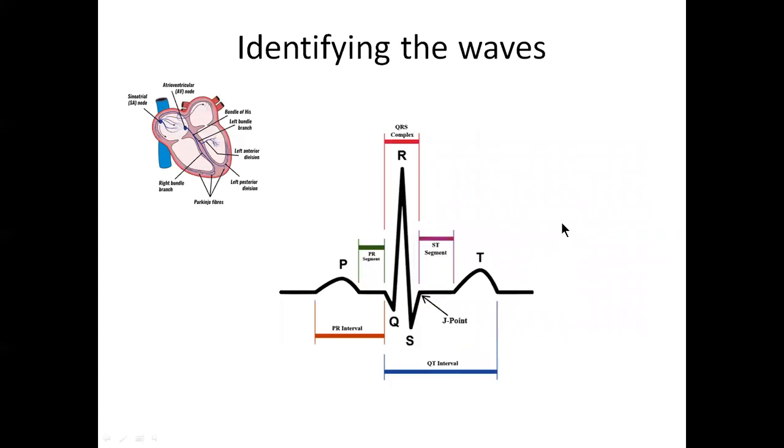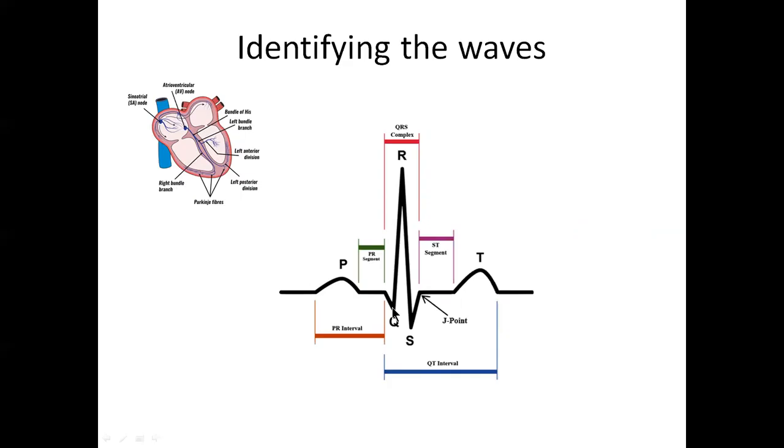Now, let's look at the waveforms themselves. They have names. The first little upward deflection is called a P wave. Then there is an isoelectric area, and then you get a downward deflection.